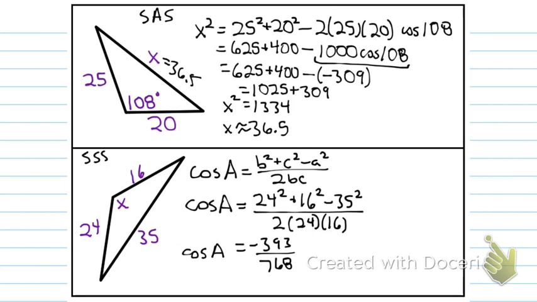We're going to look more into that later, but for right now, I'm going to go cosine inverse of negative 393 over 768, which gives me the measure of angle A. So on our calculator, cosine inverse of negative 393 over 768 comes out to be about 120.8 degrees, which is what we wanted.